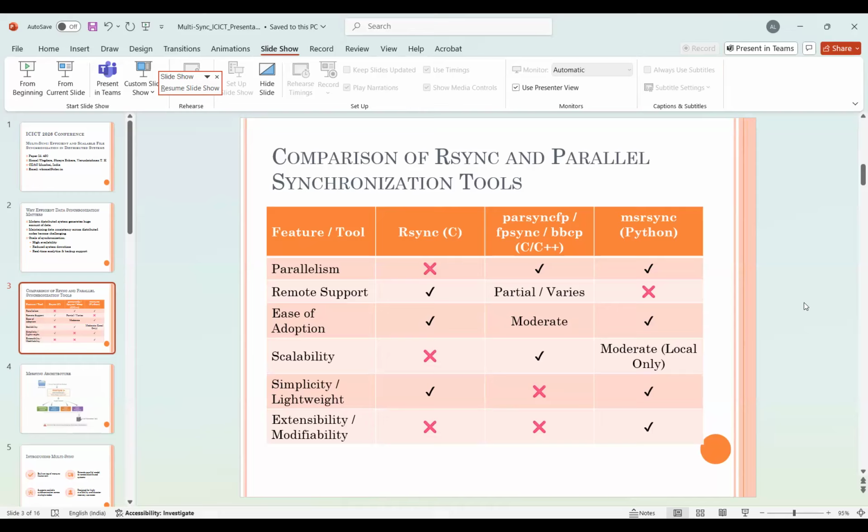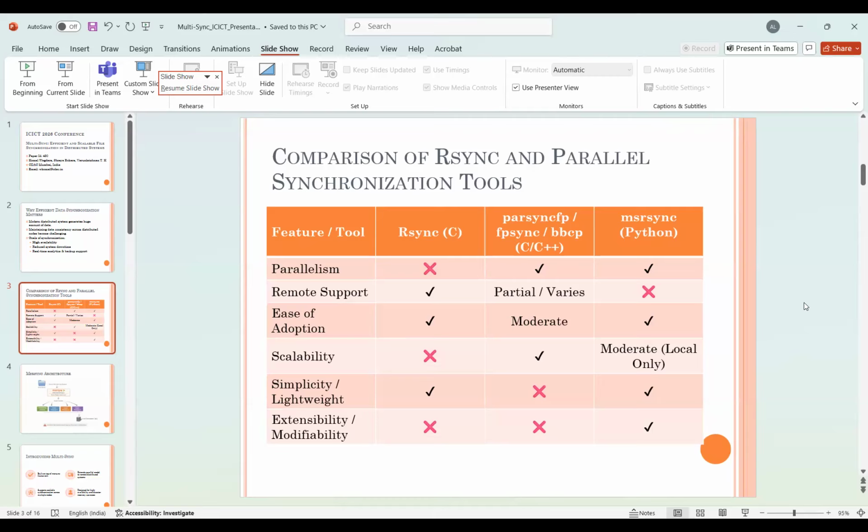Yes, sir, but rsync alone we cannot use for parallelism. That's why I am saying the tool which we explored, MSRsync, is also using rsync behind. If there are two directories like source and destination and you are running rsync, then it is single threaded.